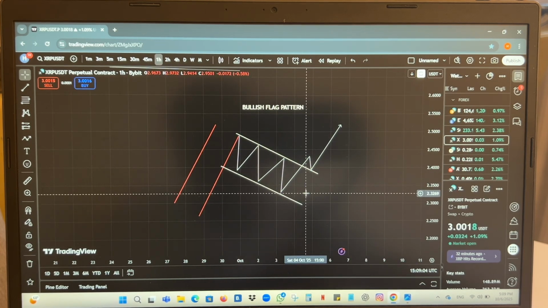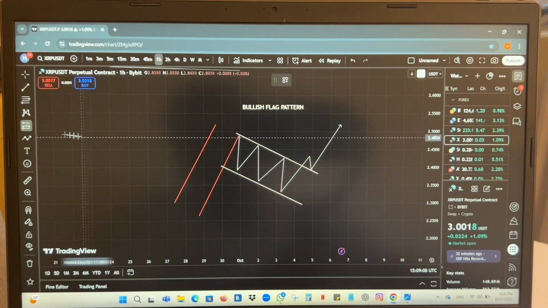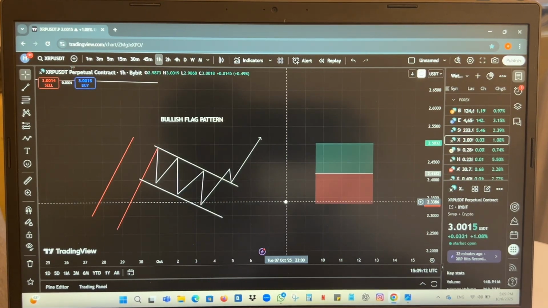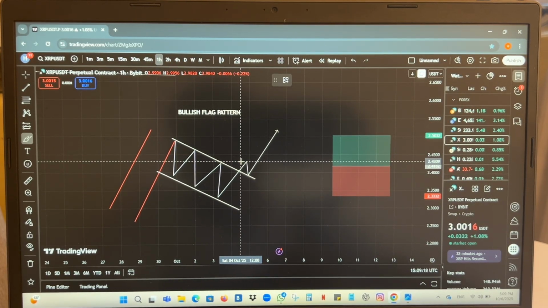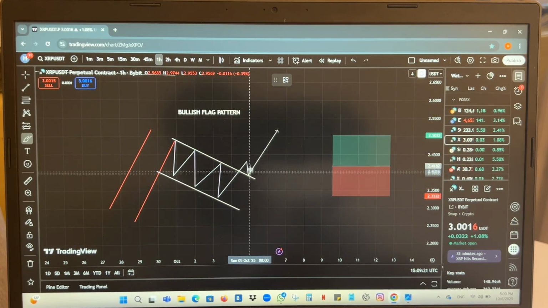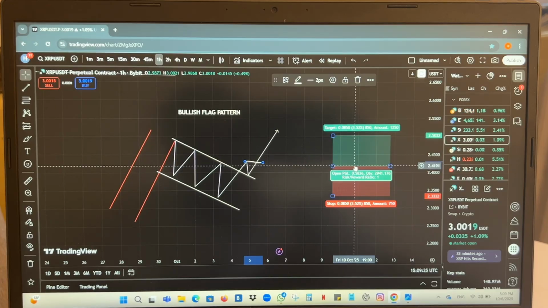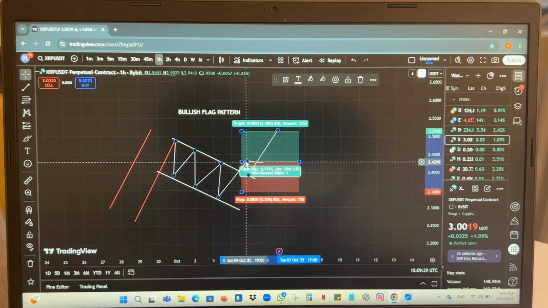And just like before, in this case we are going for a long position, so we'll just keep it ready for now. The entry is going to be just like all the patterns before. You wait for the retest, wait for this level to be hunted, and then you have a clear idea where to put your entries, the limit orders.